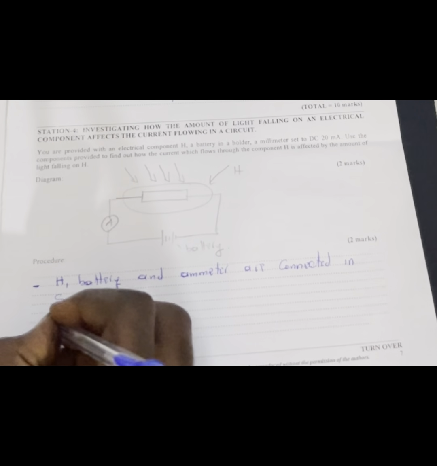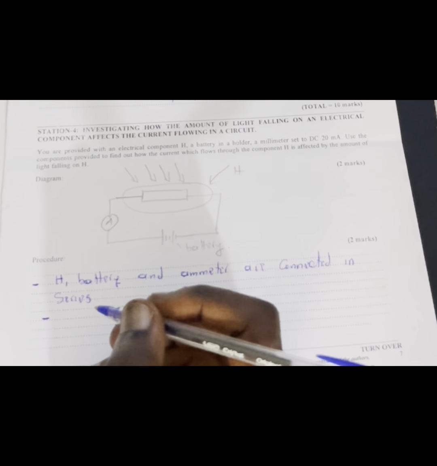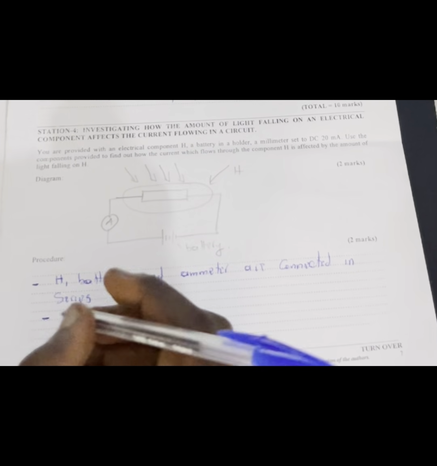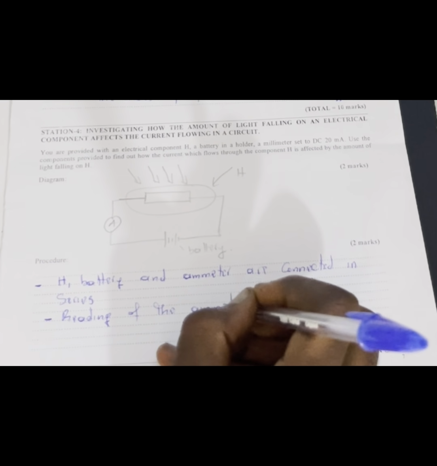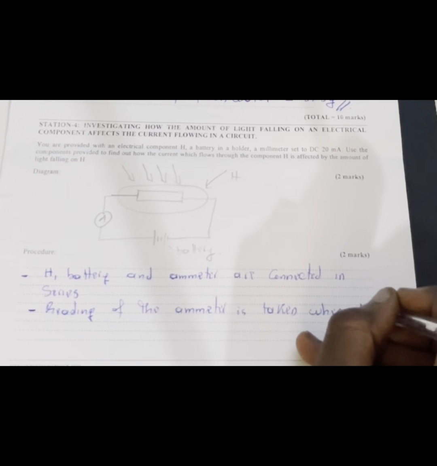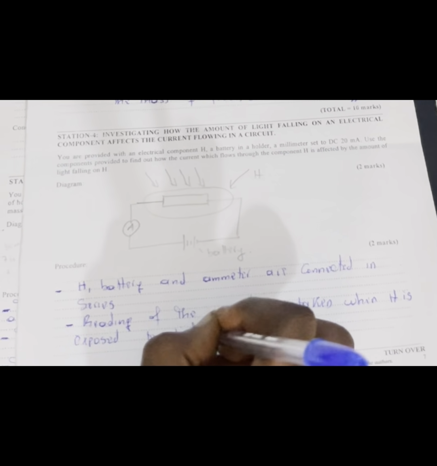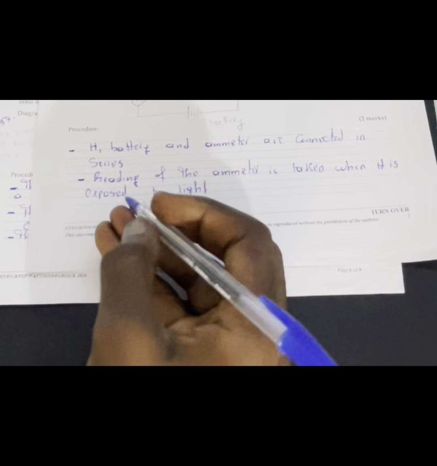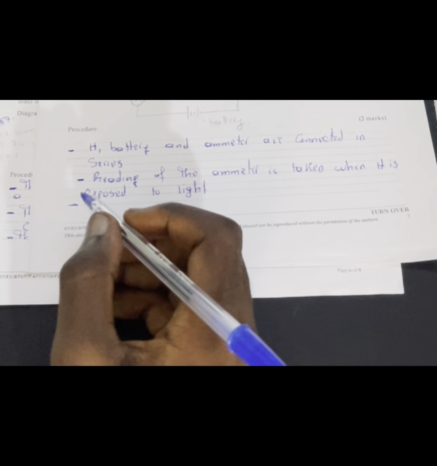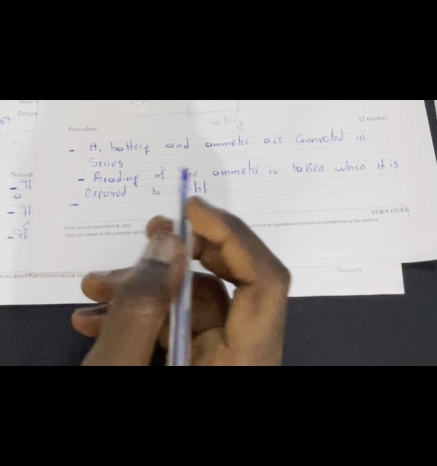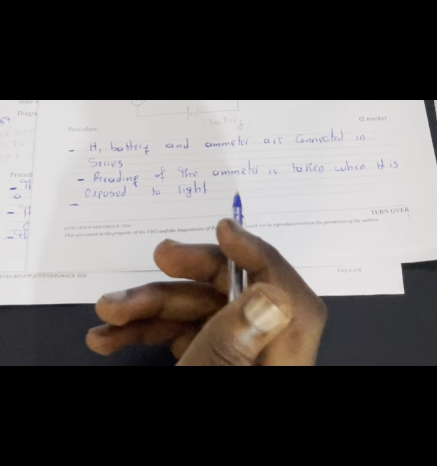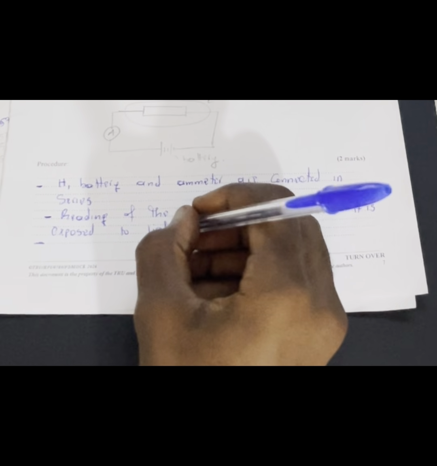So I will say the reading of the ammeter is taken when H is exposed to light. And the reading of the ammeter is also taken when H is blocked, when H is not exposed to light.